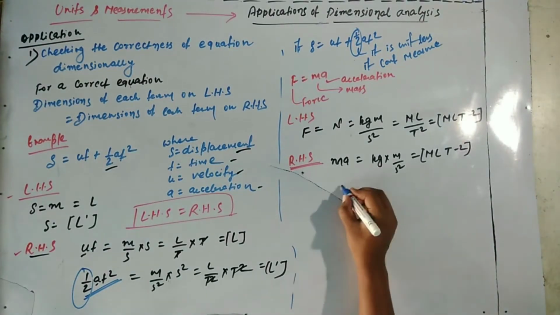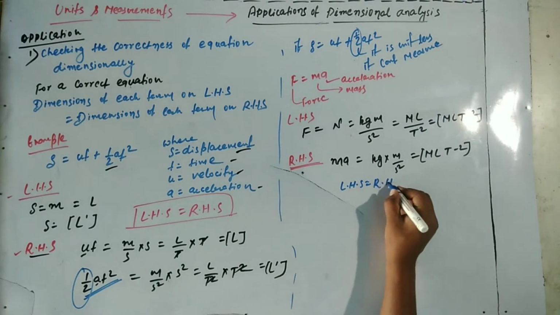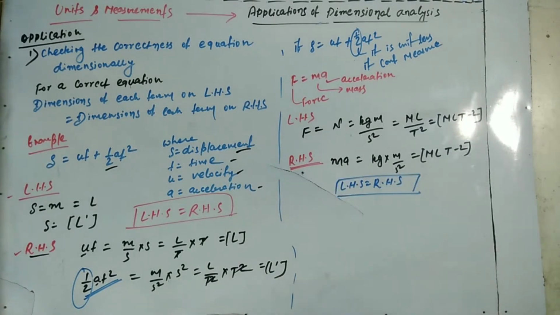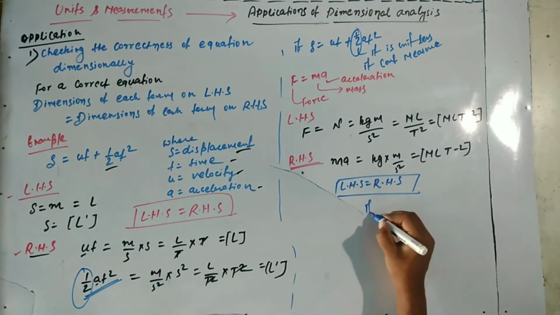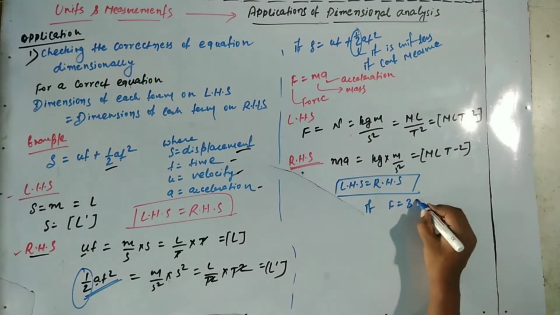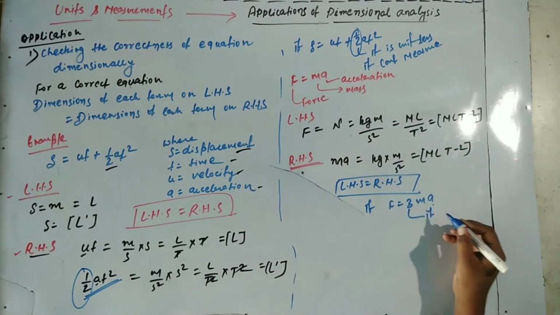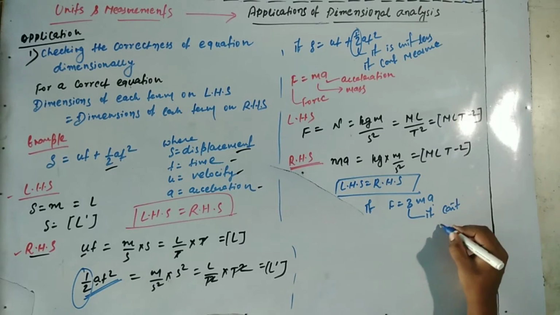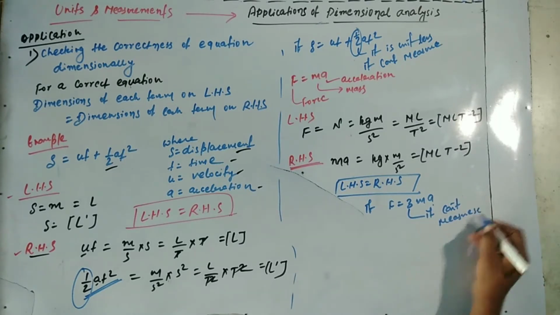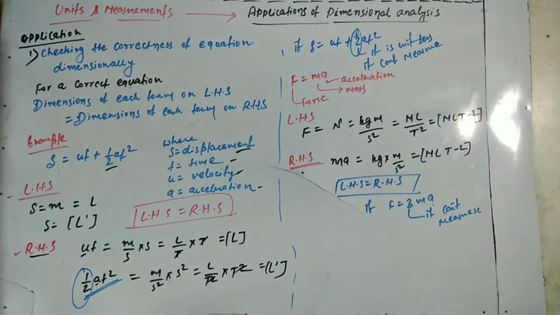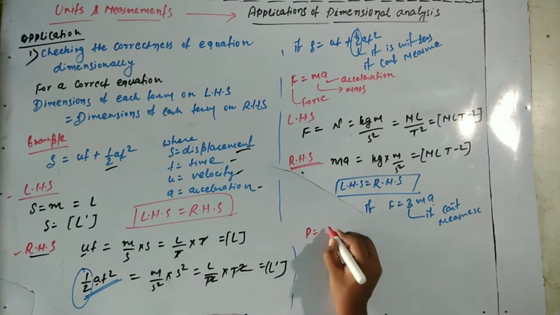So LHS and RHS are the same. We can say this equation is correct dimensionally, not that a unit quantity is measured. If F equals 3 ma is given, then the dimensions can't detect this. So it checks the equation only dimensionally.